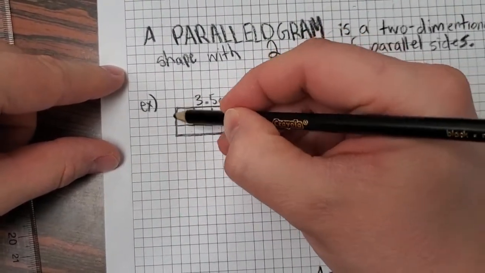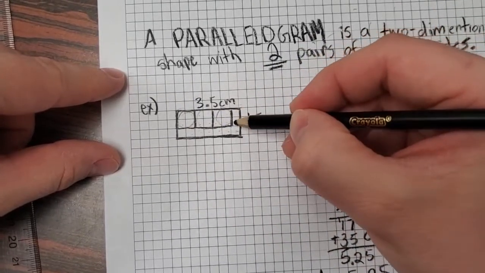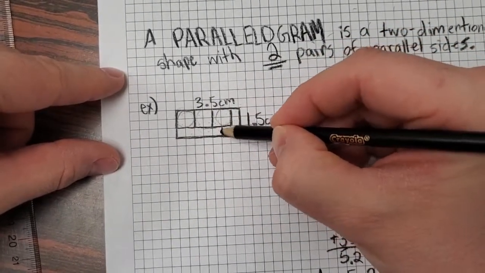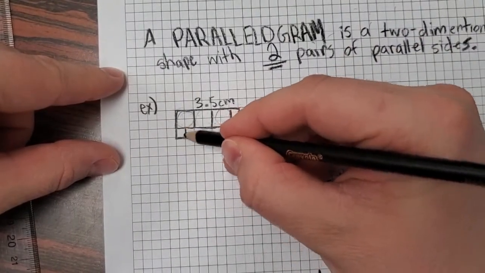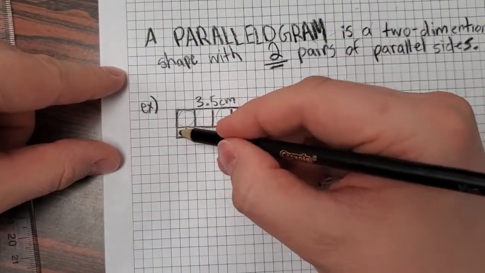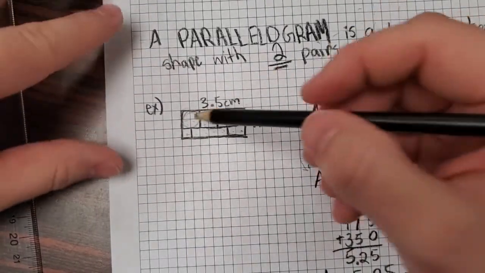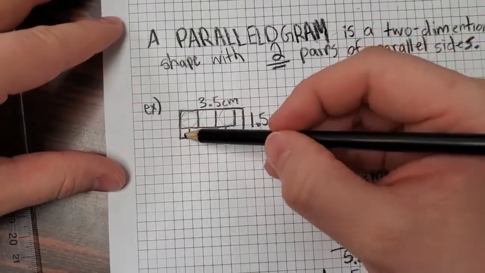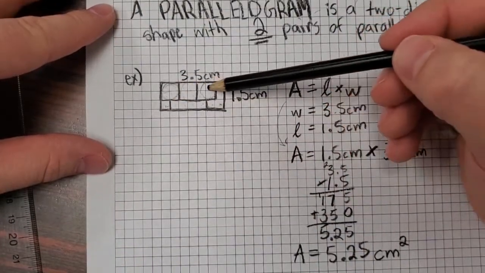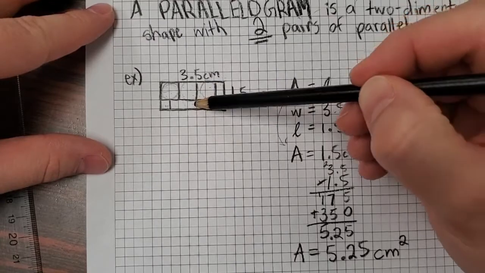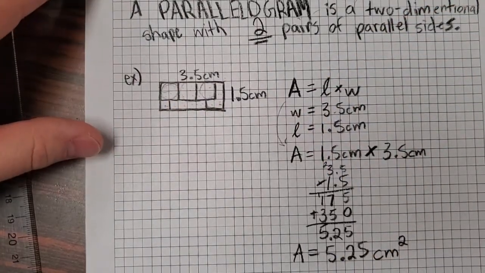It's 1 centimeter by 1 centimeter. So there's 1 centimeter squared, 2, 3. We have 1, 2, 3, 4. That would be another centimeter squared. And then we have 1/4 of a centimeter squared. 1/4 would be a decimal .25, right? So that's why we have .25. So if we count them, we have 1, 2, 3, 4, 5 and a quarter, 5.25 centimeters squared.